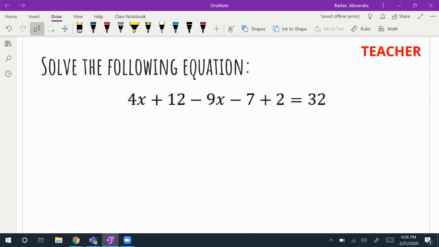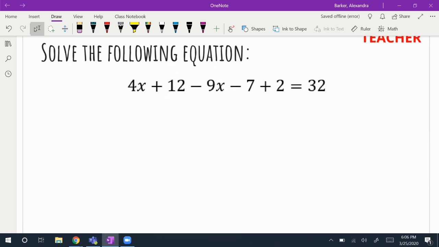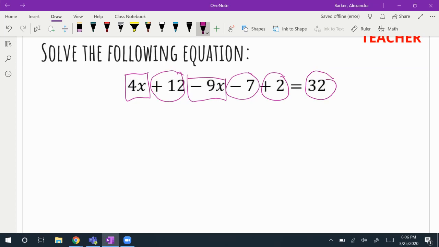Last one, you guys. All right, this one is challenging. It looks so scary, but guess what? It's not going to be that scary if we separate all of our terms into boxes and circles. Because now I can actually tell what I need to do. That's the first step.